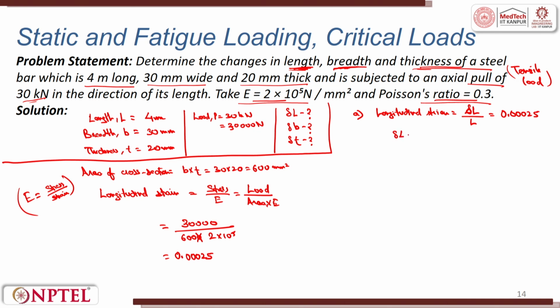Therefore, delta L is equal to length into the value of strain, which is equal to, the length is given already, 4 meters. 4 meters means 4000 millimeters into 0.00025, which gives me the value of delta L as 25 into 4 is 100, and there are decimal places after the 5 numbers here.